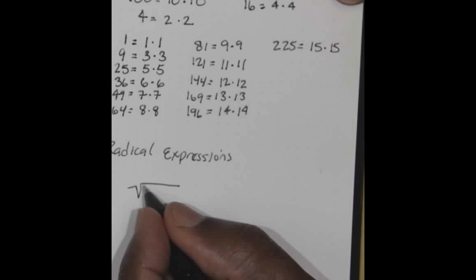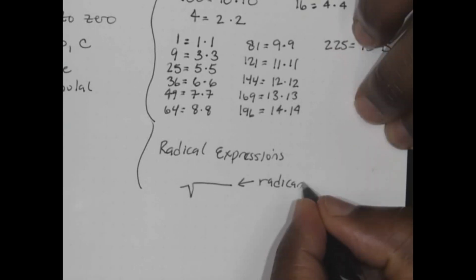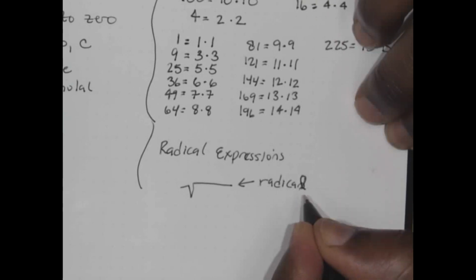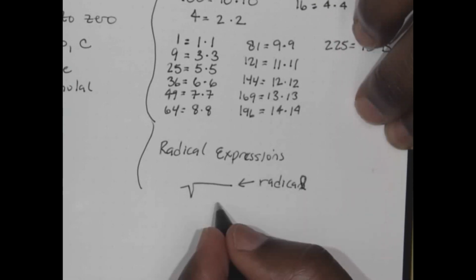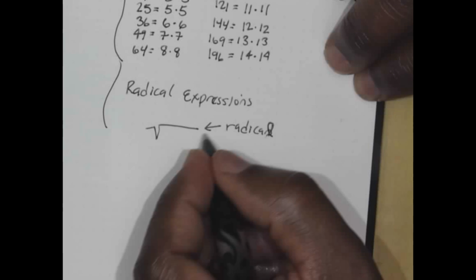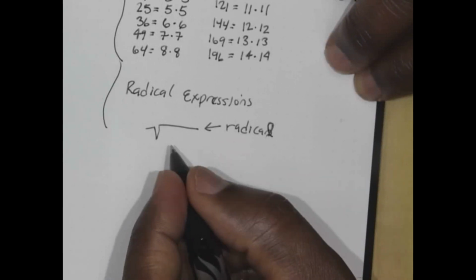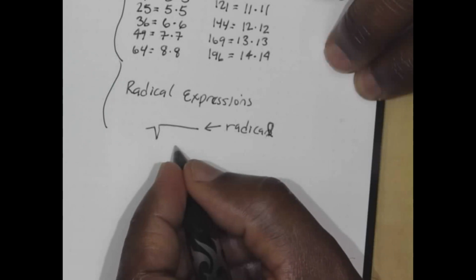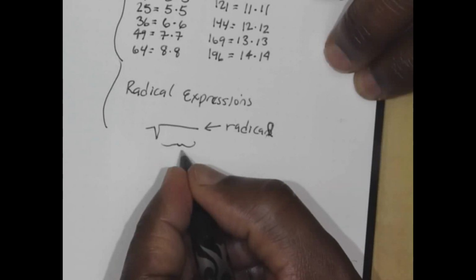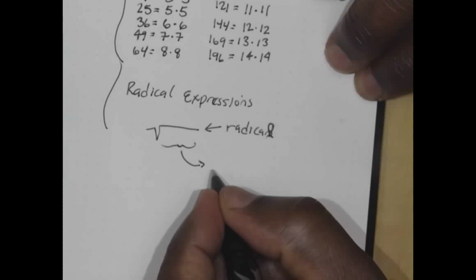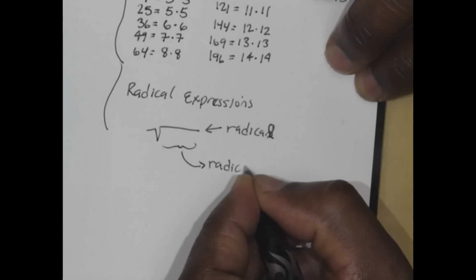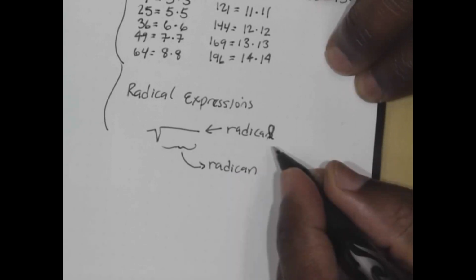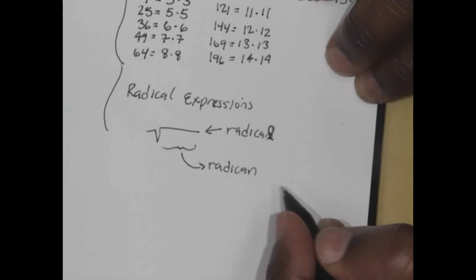This symbol is called the radical. Radical is a symbol. The stuff underneath here, inside, is called the radicand. The radical is the symbol; inside the stuff is the radicand.